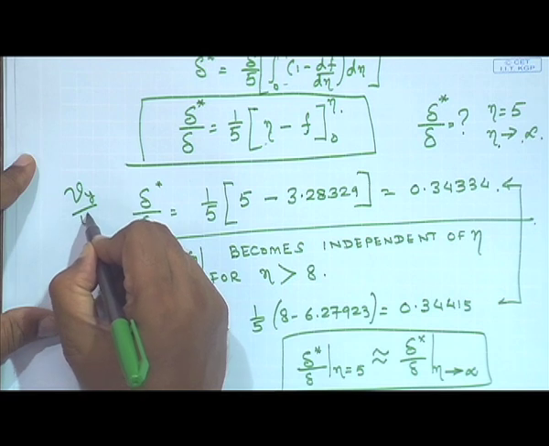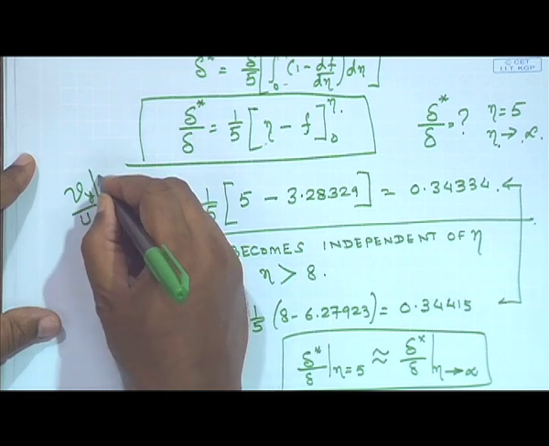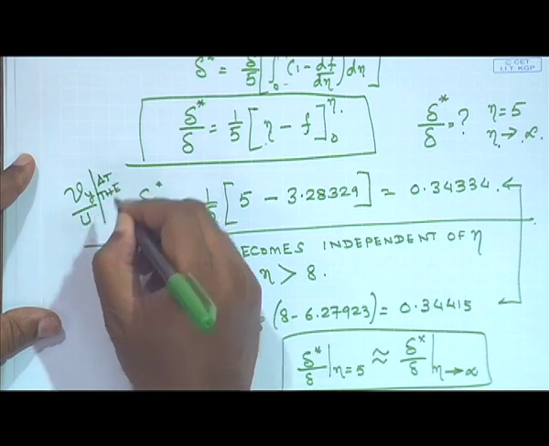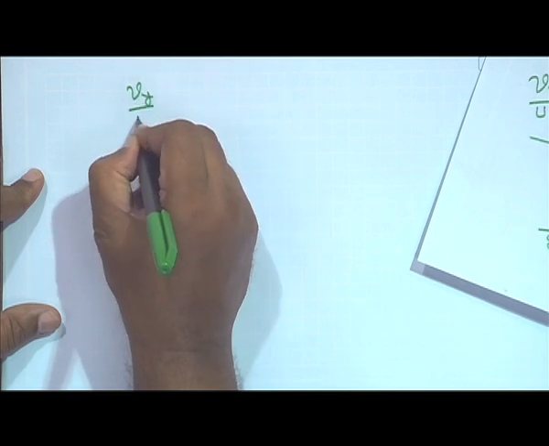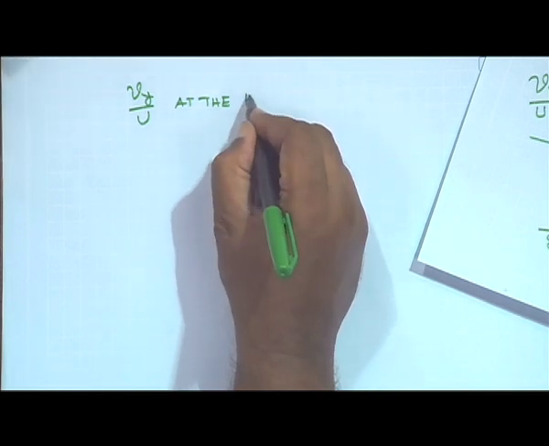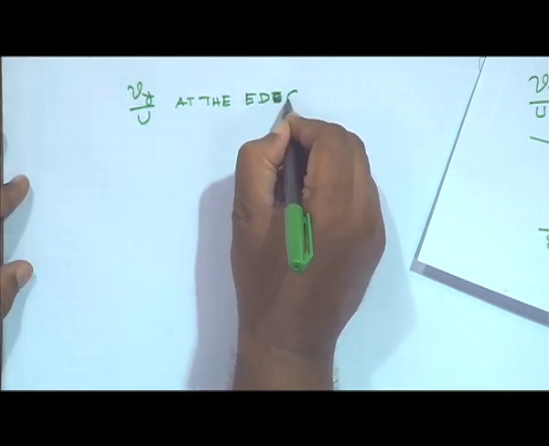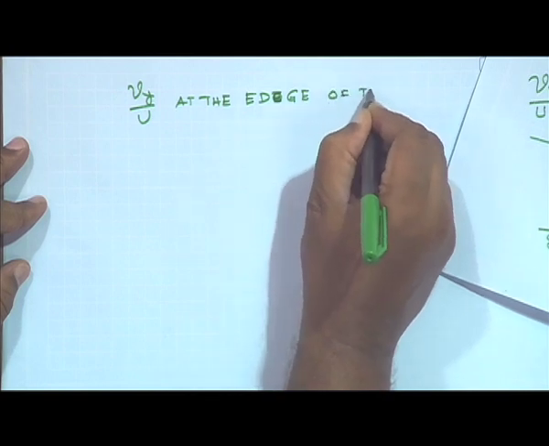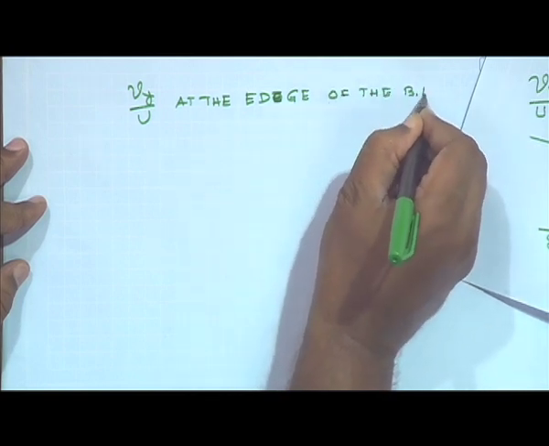The next question that I pose to you, I would not solve it, is if in this problem it was also asked that you calculate the value of Vy by u at the edge of the boundary layer.